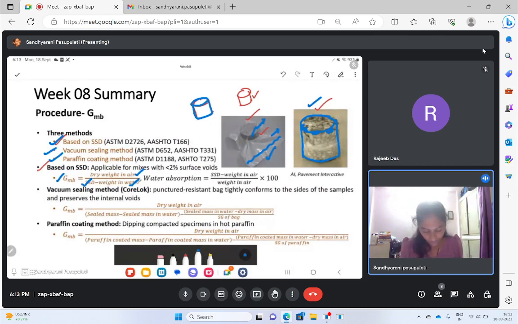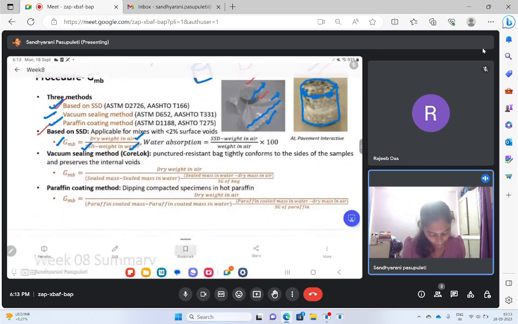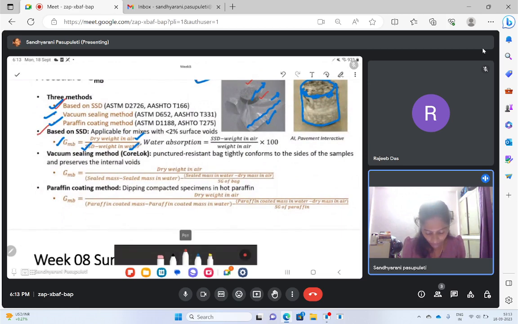You can see here we have designated formulas to calculate the GMB. If you use the vacuum sealing method, initially we take the dry weight in air, then the sealed mass, then we place this sealed mass in the water and measure that weight. So we get the sealed mass in water, the dry mass in air, and the specific gravity of the polythene bag.